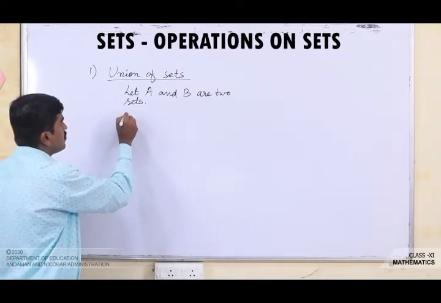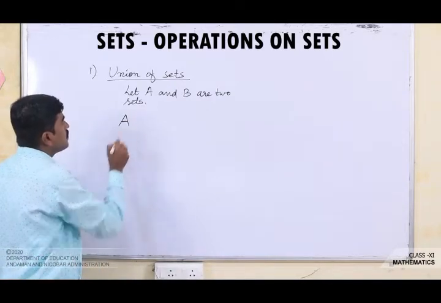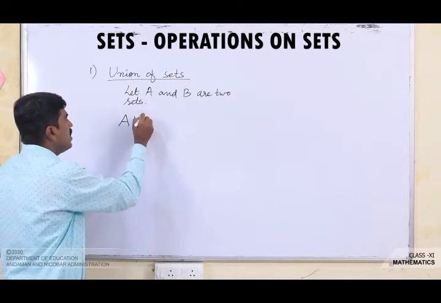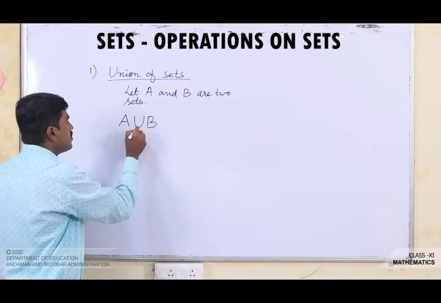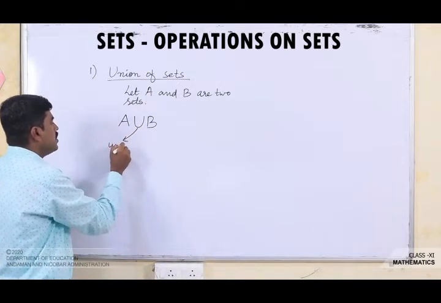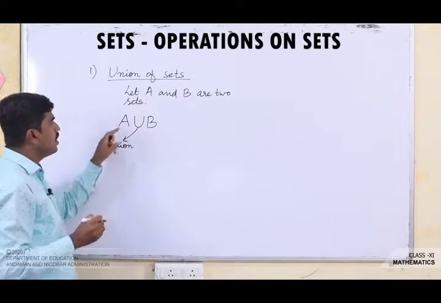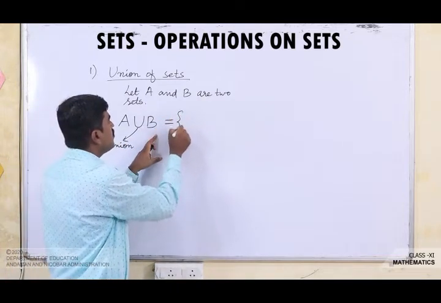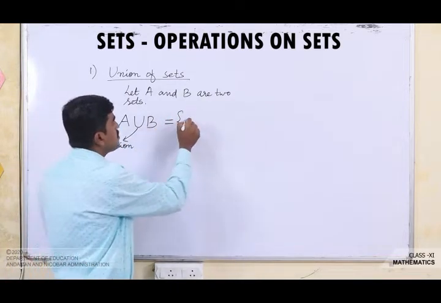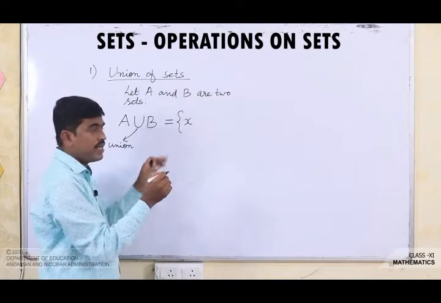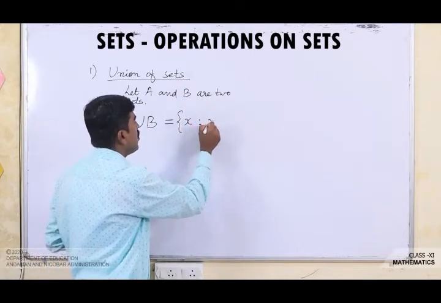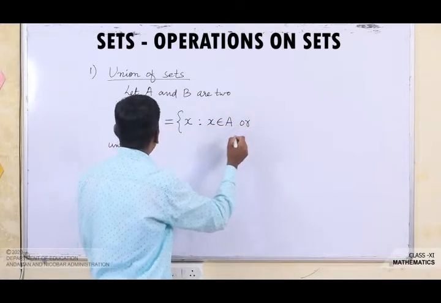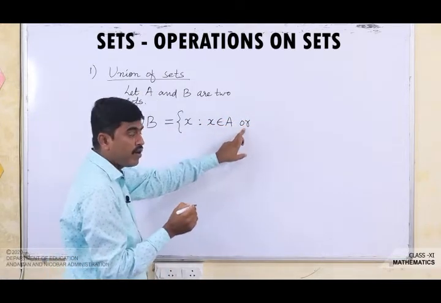Suppose the union of these two sets A and B is denoted by A union B. This is the symbol for union. So what is the meaning of A union B? It is the set of all those elements X which either belong to A or, here you have to focus mainly on this word, or.